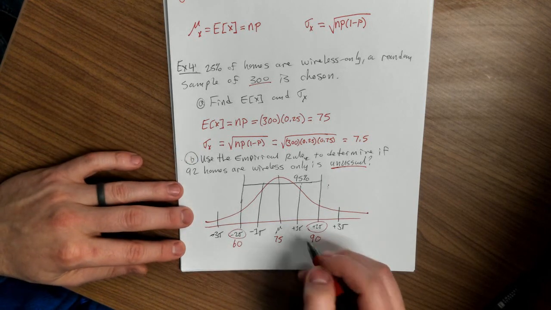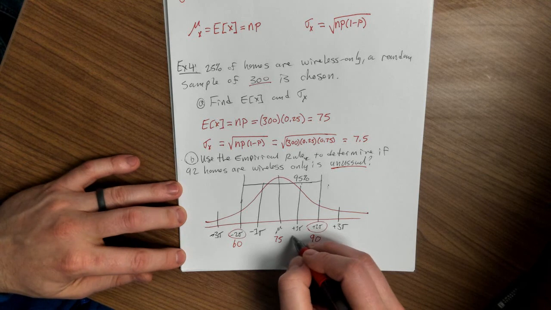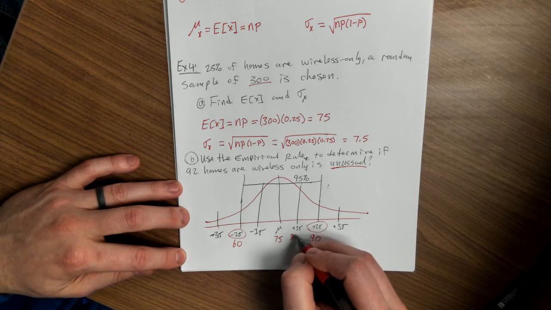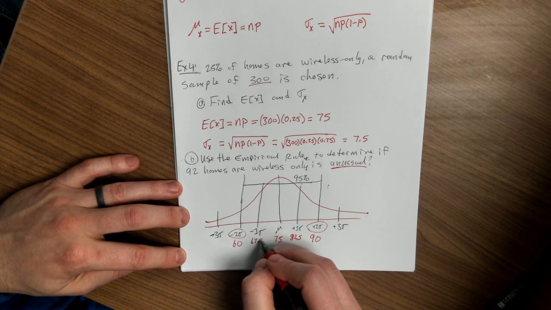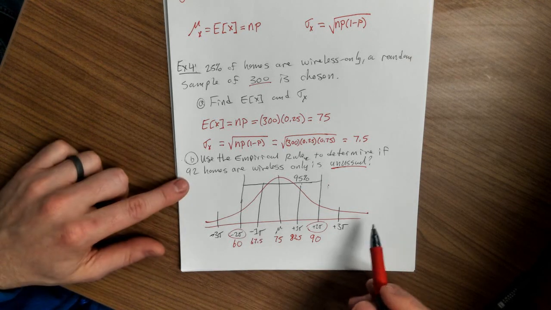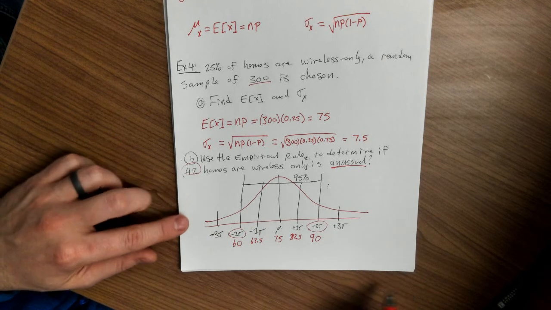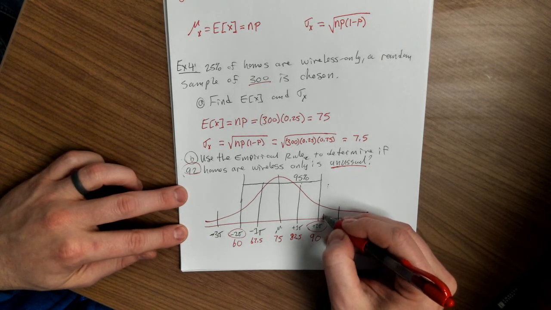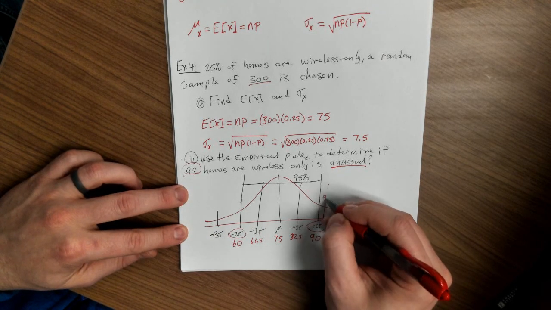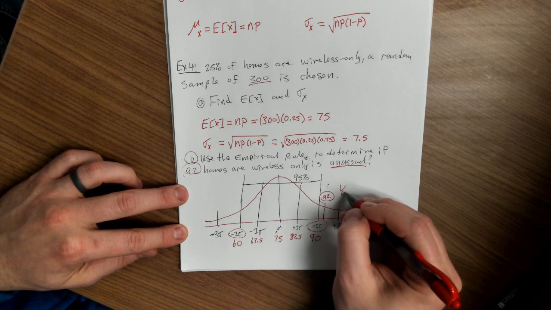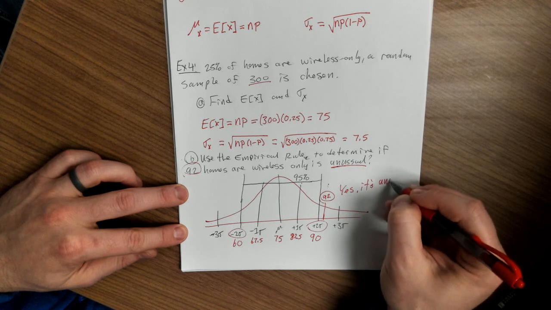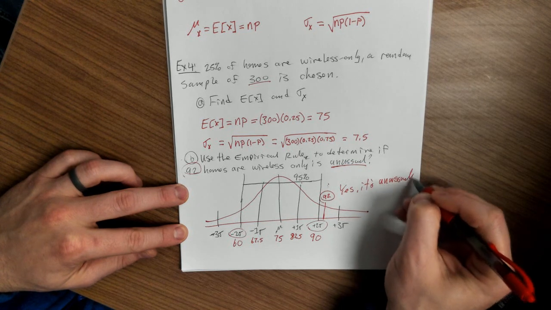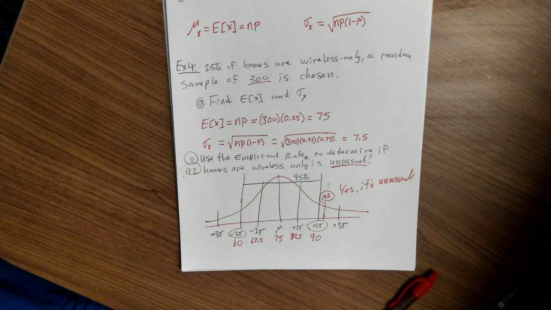And if you want to write in the middle, in between, this is 82.5 and 67.5. So what we care about is where does this 92 homes lie? 92 is right here. So yes, it's unusual. If something lies outside of that plus or minus 2 standard deviation range, we call it unusual.